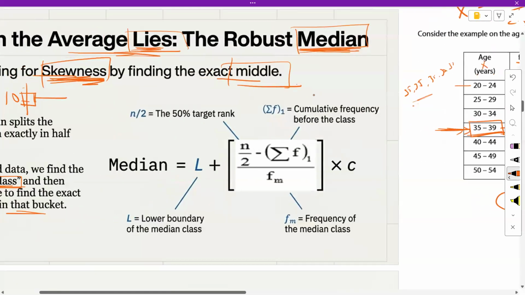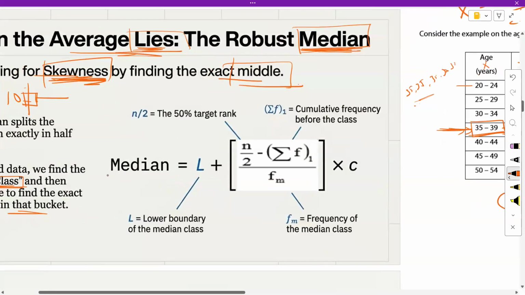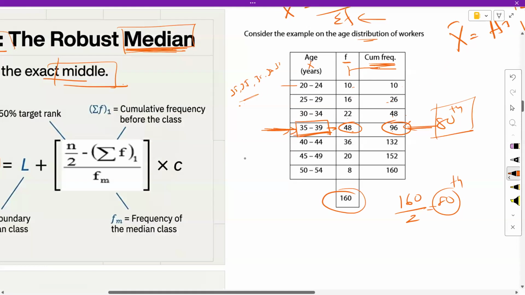This is the formula to calculate the median. First we have to identify the median class. In this example, there are 160 employees, divided by 2.